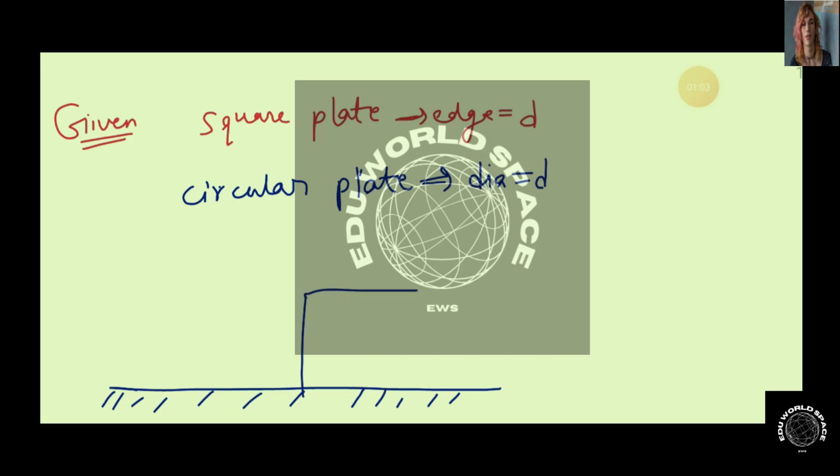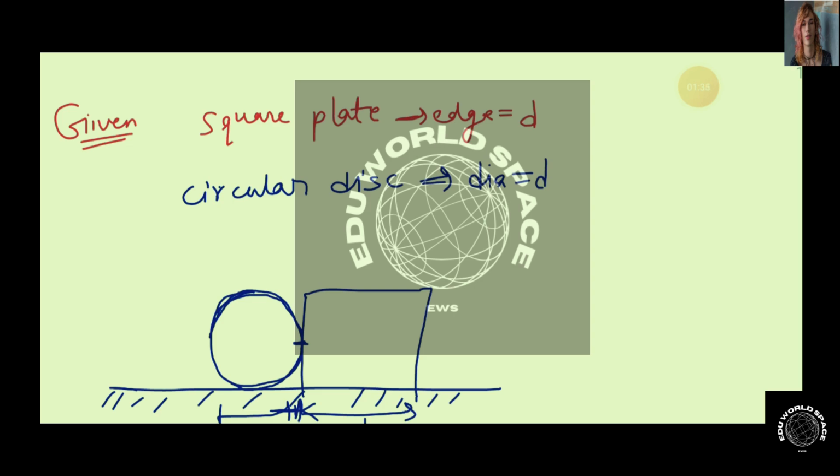This is the square plate and this is the circular plate, or I can say the circular disc. They are touching at the midpoint, and the diameter of the circle is d, and the edge of the square plate is d.